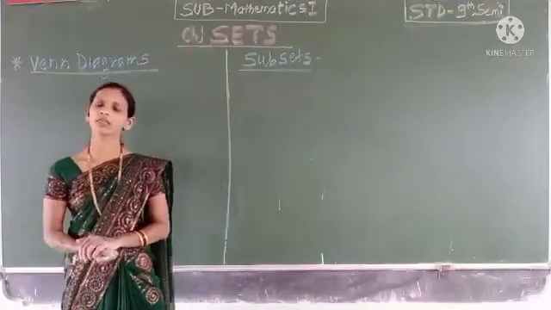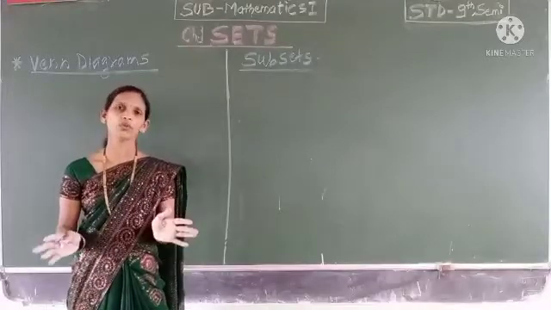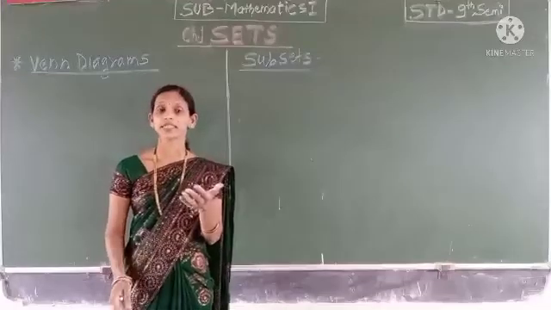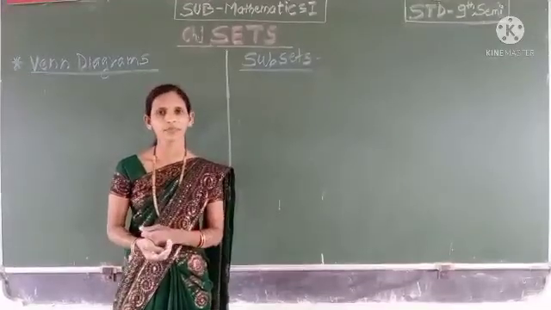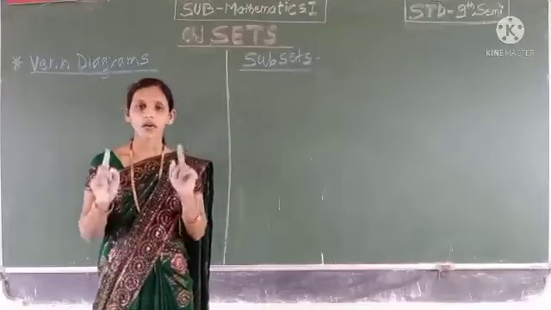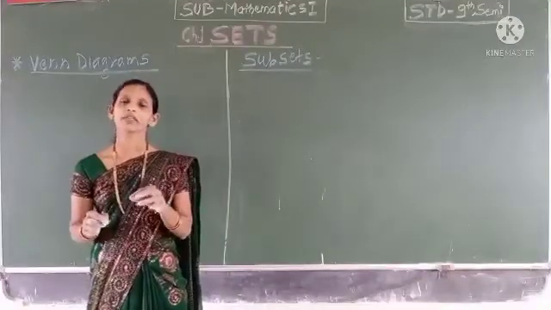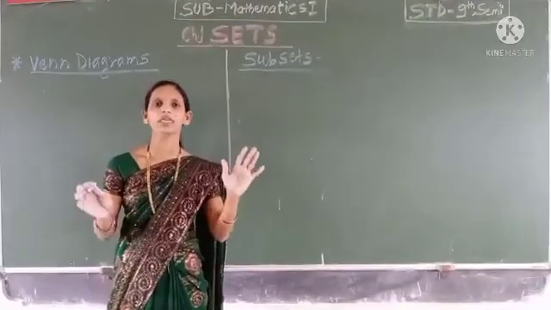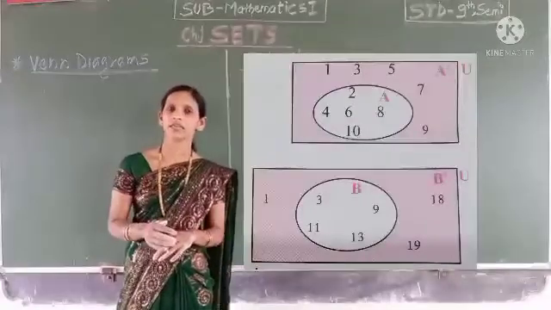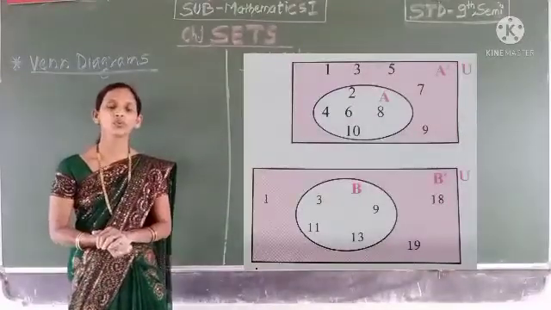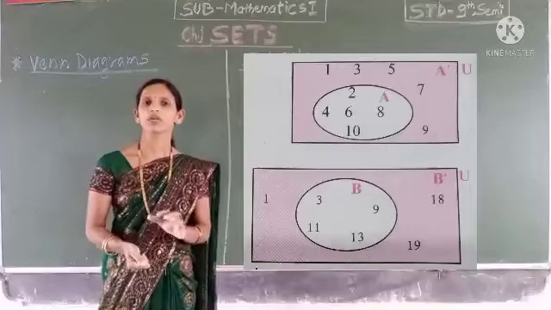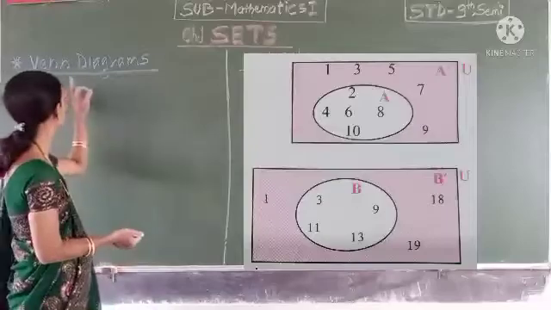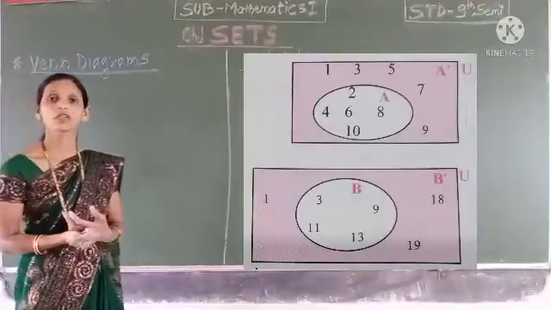Now all of you are aware of sets. Sets can be represented using curly brackets and are denoted by capital letters A, B, C, D up to Z. Today we are going to discuss one more concept, that is Venn diagrams.